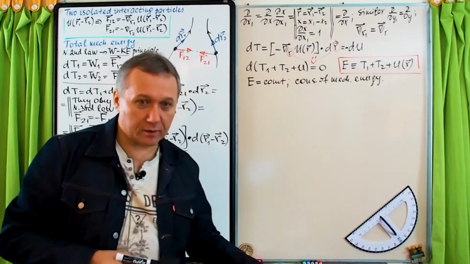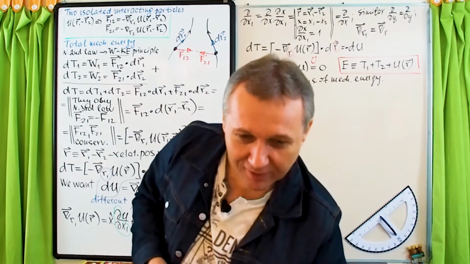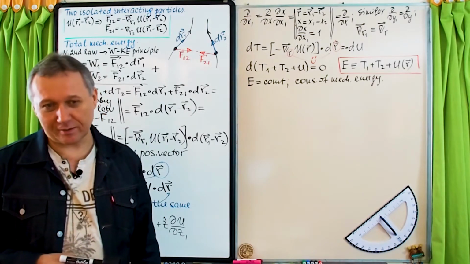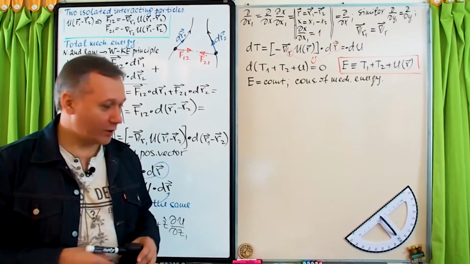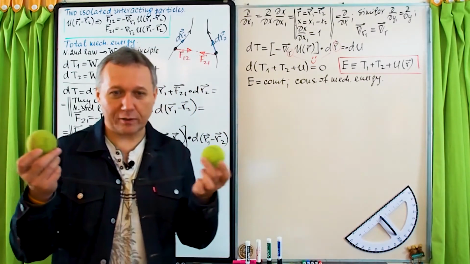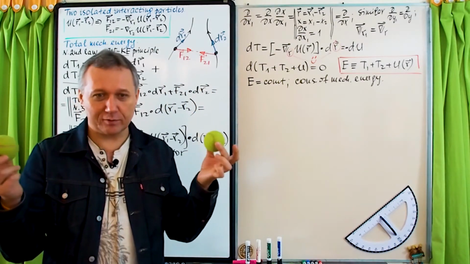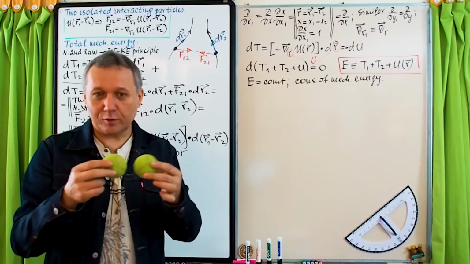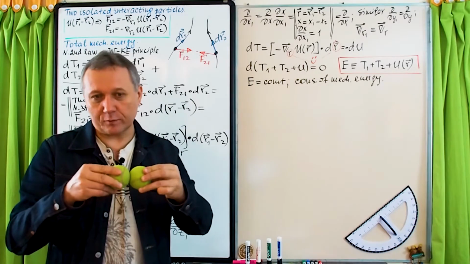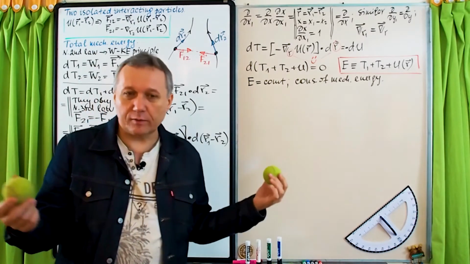So where can that be used? Billiard balls, elastic collision, for example. Okay, I don't have billiard balls, I have tennis balls. During the interaction, the forces of interaction are usually conservative forces in the case of an elastic collision.